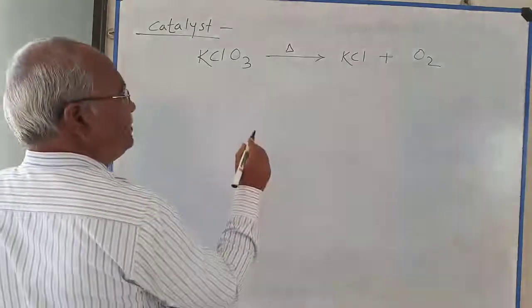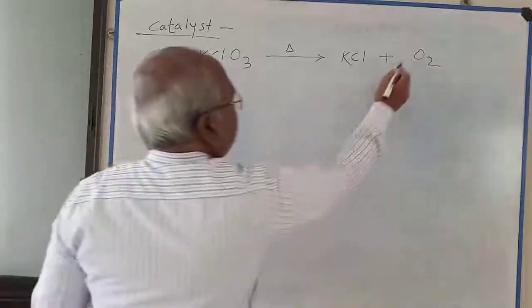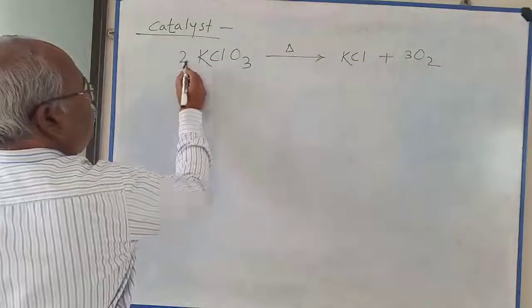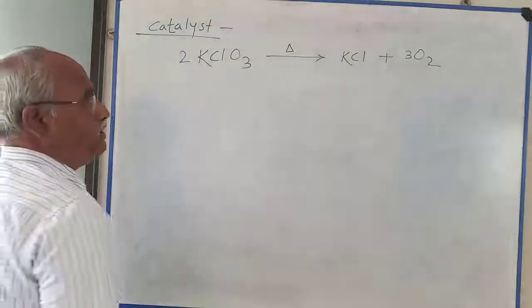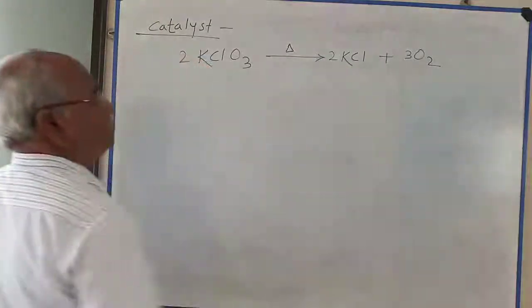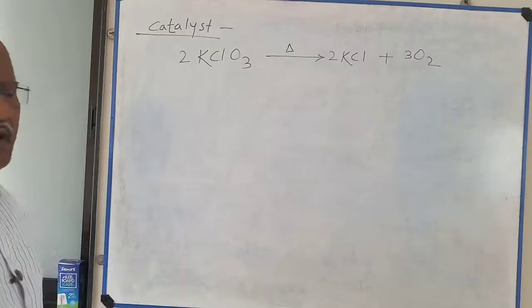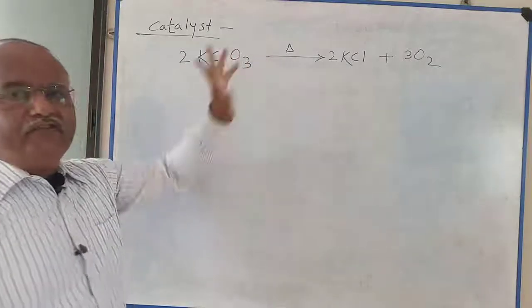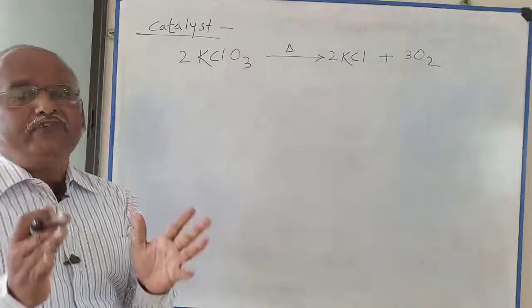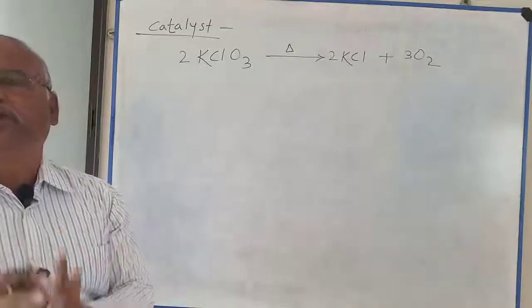I balance the equation. I take 3 times O2 and here twice KClO3. Therefore, on the right hand side, I take twice K. The reaction requires high temperature and the reaction is also very slow.